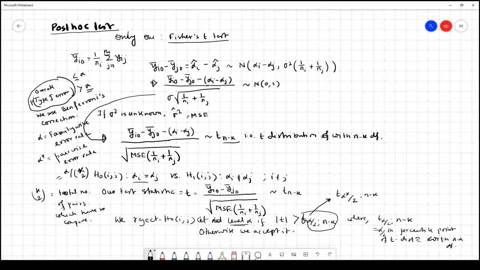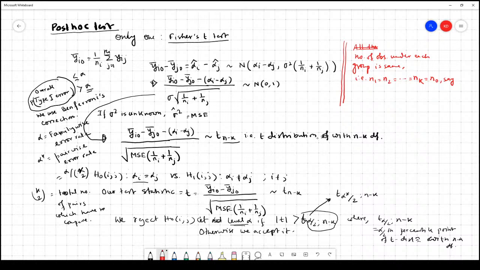Now, if the number of observations under each group is the same, that means n1 equal to n2 equal to nk, since we use k number of groups, which is equal to n0 say.